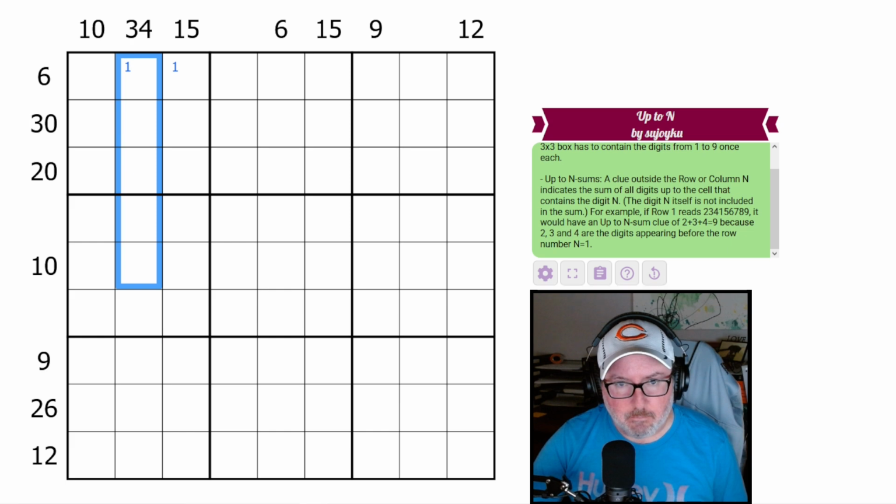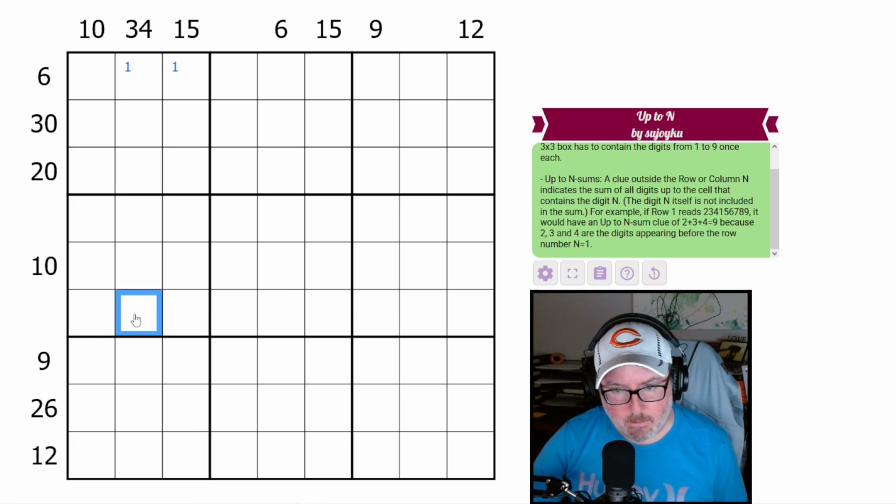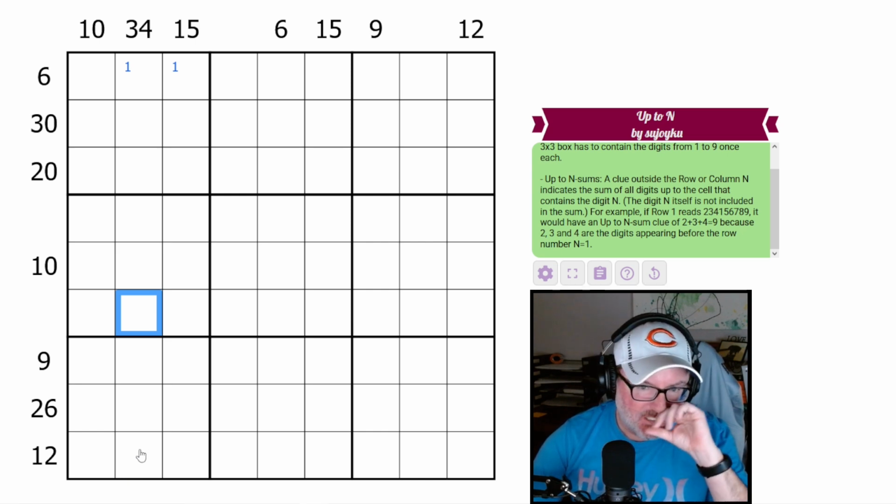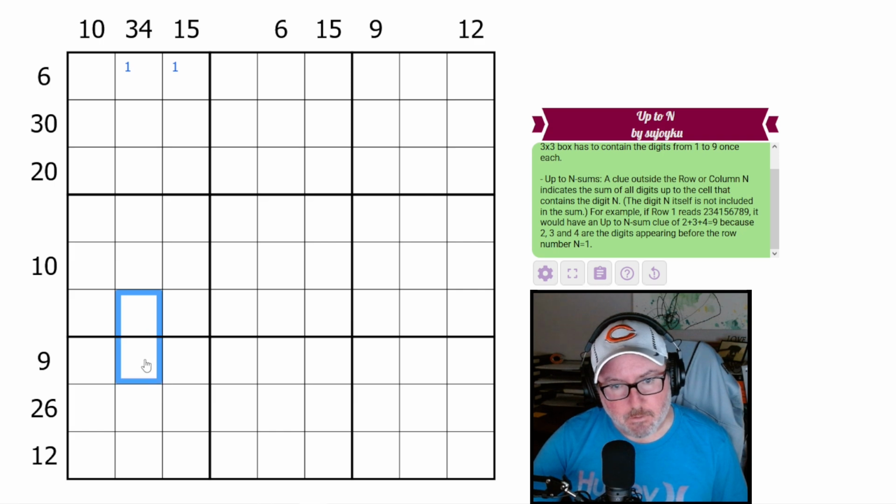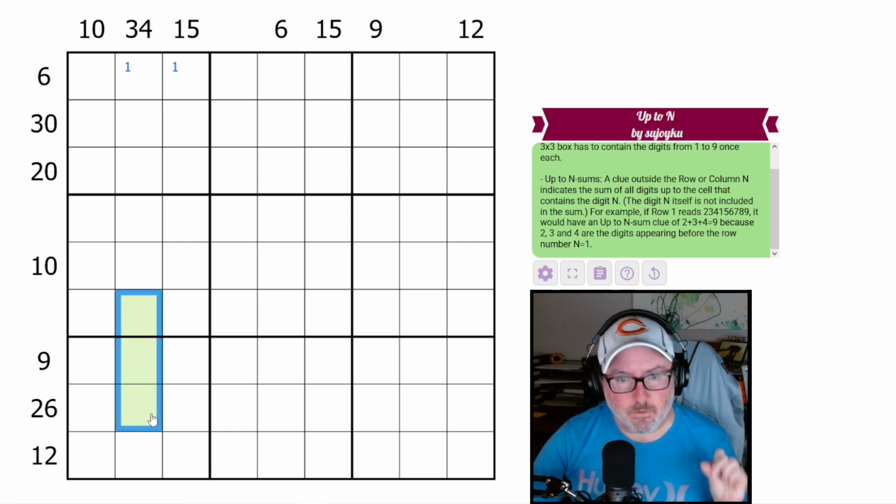Maybe that's a better way of thinking about it. So we know we have to at least get to here, but we can't go all the way to here. Problem is, we can do any of these 3 is where a 2 could go.